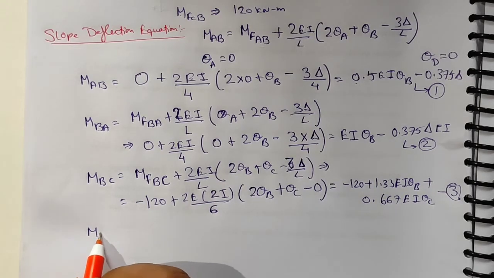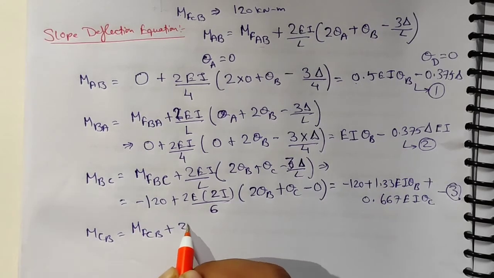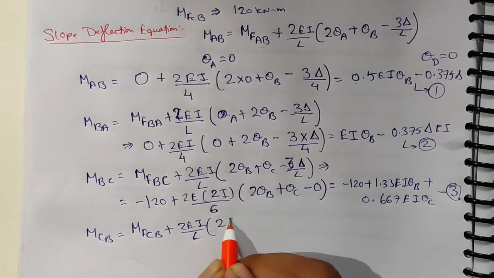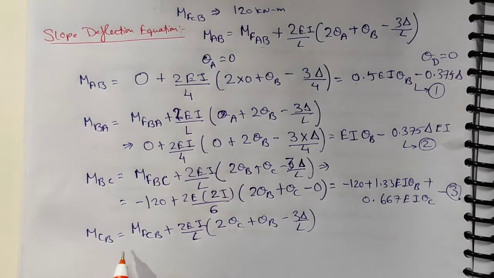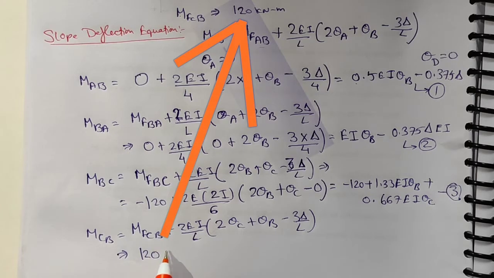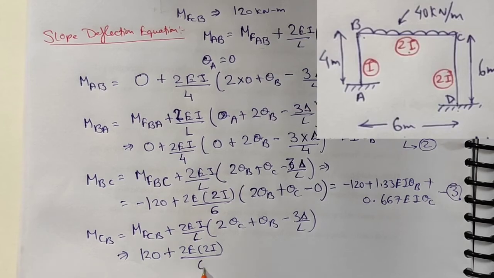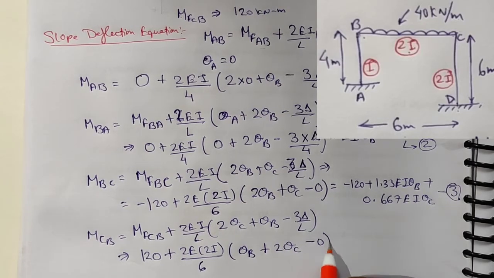Similarly, I will solve for moment MCB. Again my formula will be fixed end moment at CB plus 2EI upon L multiplied by 2 theta C plus theta B minus 3 del upon L. Similarly, I will put the values from the above solved equation, that will be 120 plus 2EI, value of I will be 2I upon 6 multiplied by theta B plus 2 theta C minus 0.